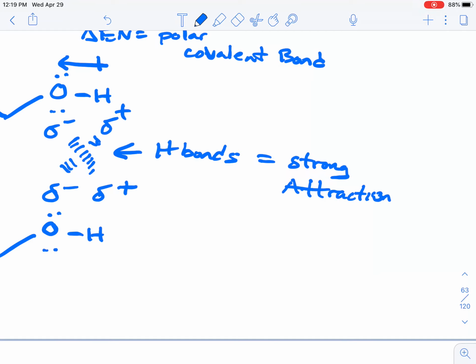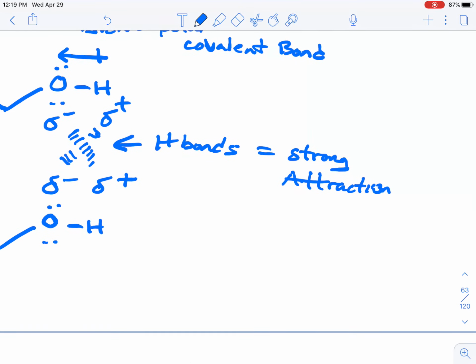And so when you guys are trying to connect this to this idea of boiling point, for the substance to go from liquid state to gas state, its temperature is going to have to be higher than the boiling point.